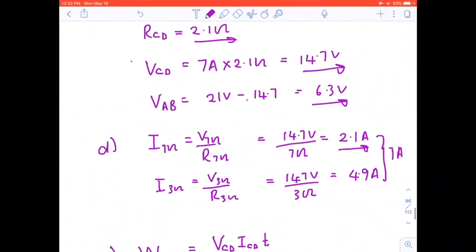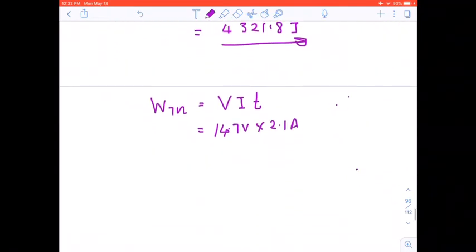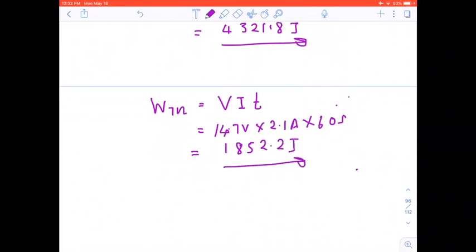As you can see here, I've given you that 2.1 amps, and times 60 seconds, which then gives me 1852.2 joules. Right, so we know how much is given in respect of resistors that are in parallel.